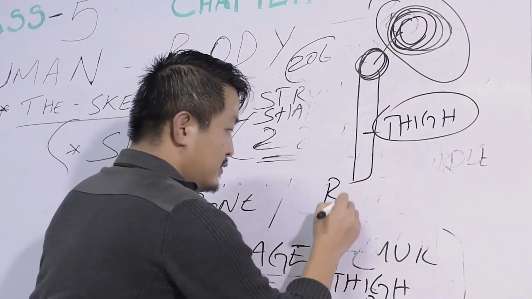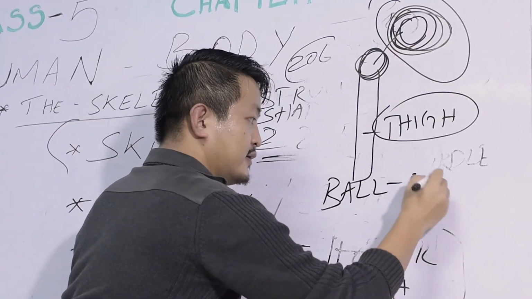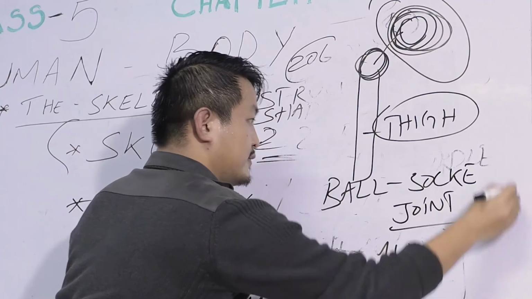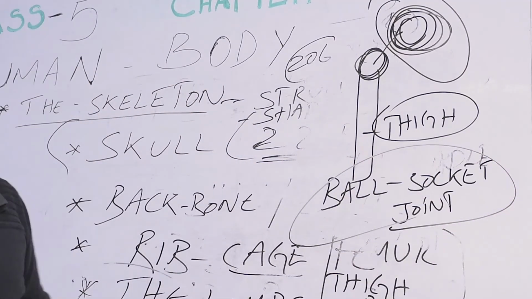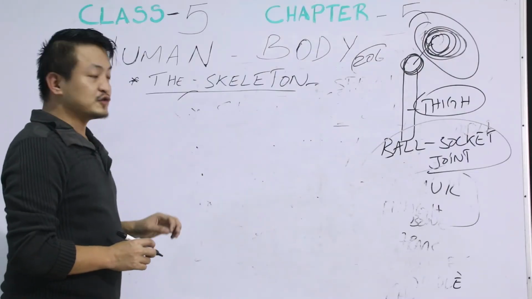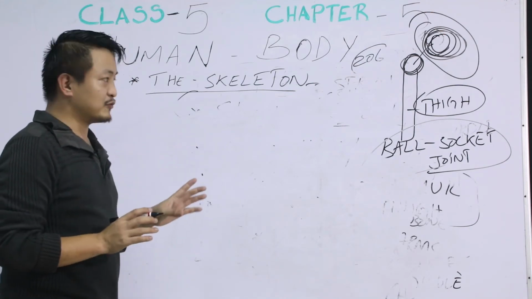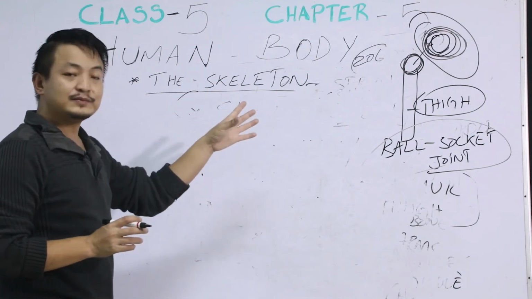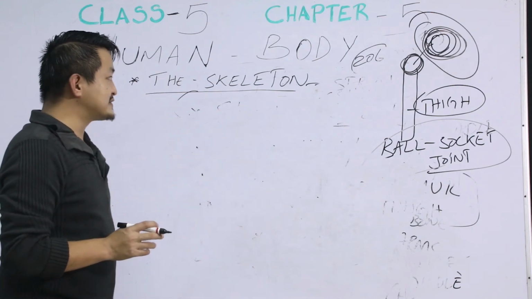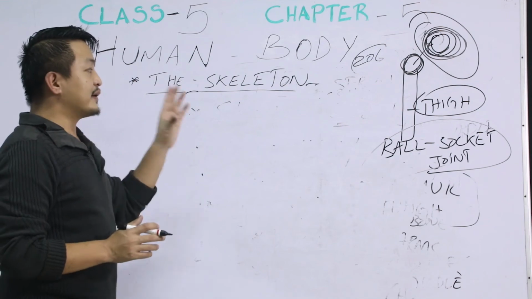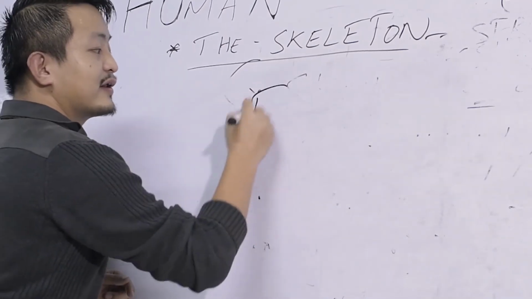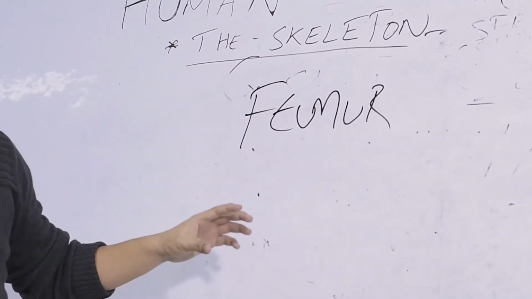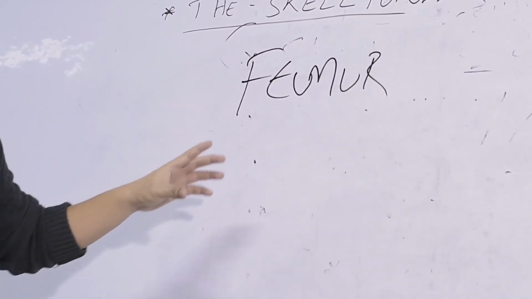Okay, students, now I'm sure you are familiar with how our hind limb is joined with the hip girdle, and how the feet are part of the skeleton. Now I have talked about this femur. This is the longest bone in the human body.